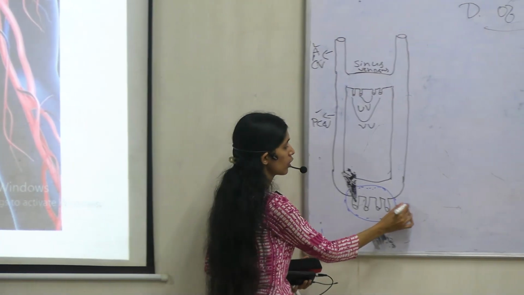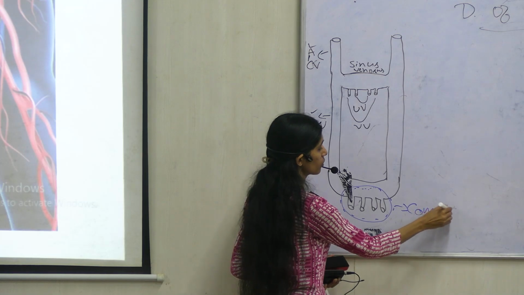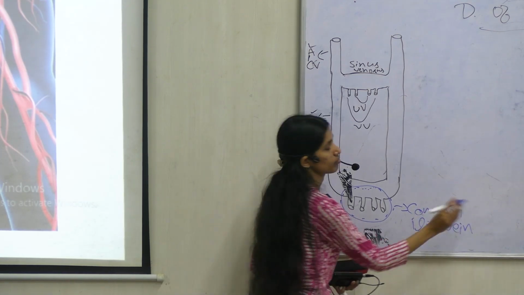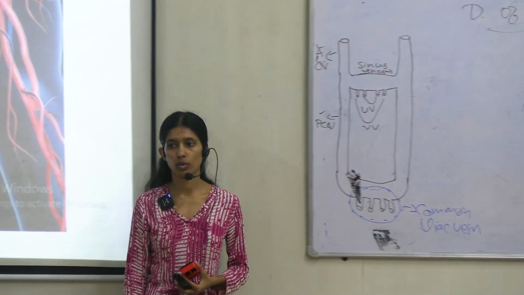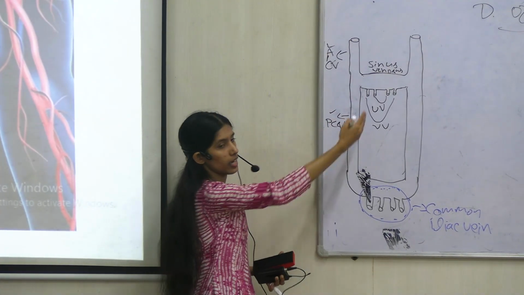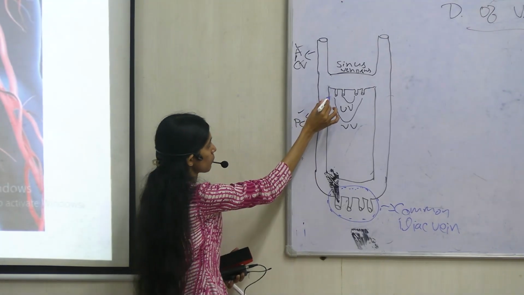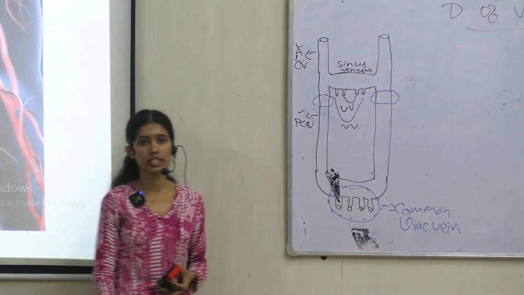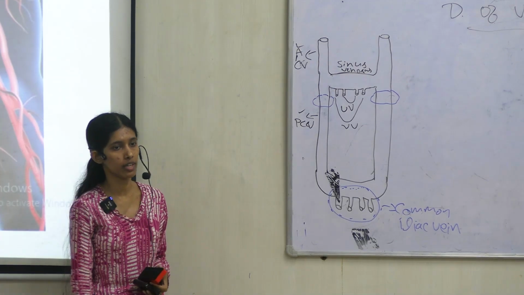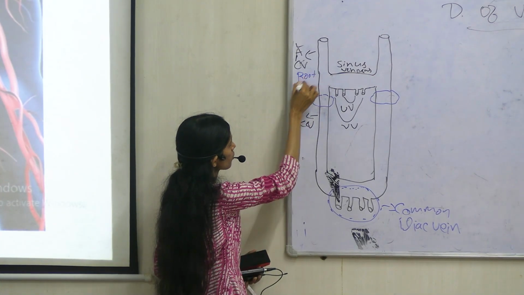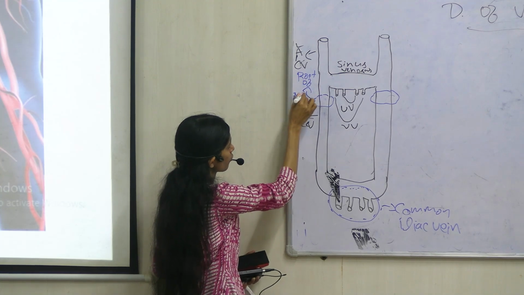So this is the common iliac vein. Okay, and the cranial end of your posterior cardinal vein, so basically this part, these parts derive to give us the root of azygos vein.